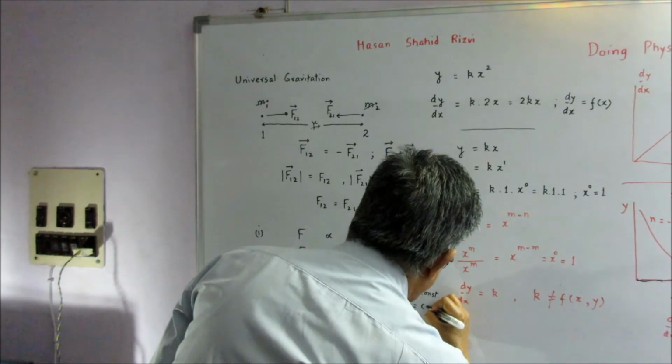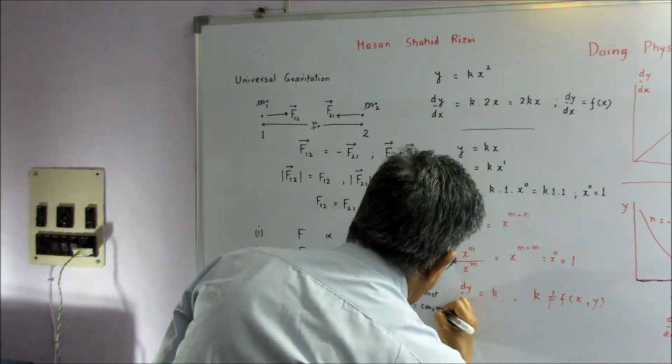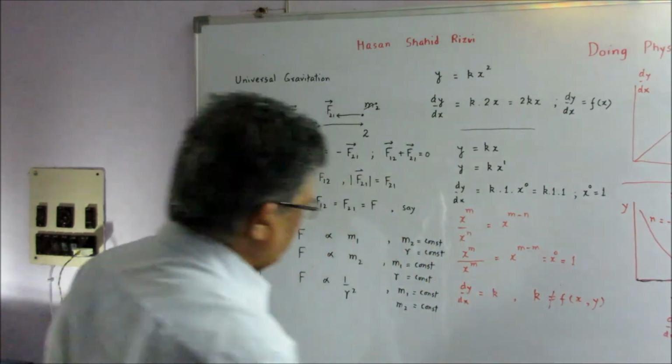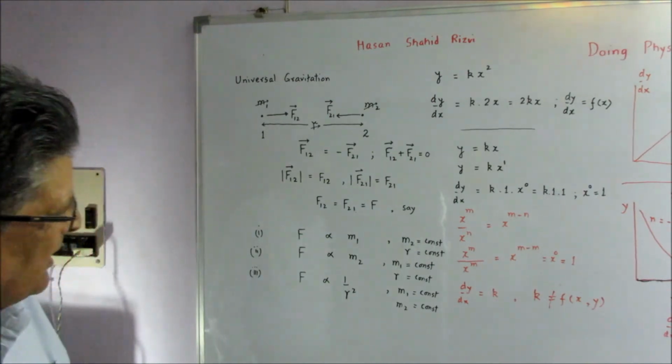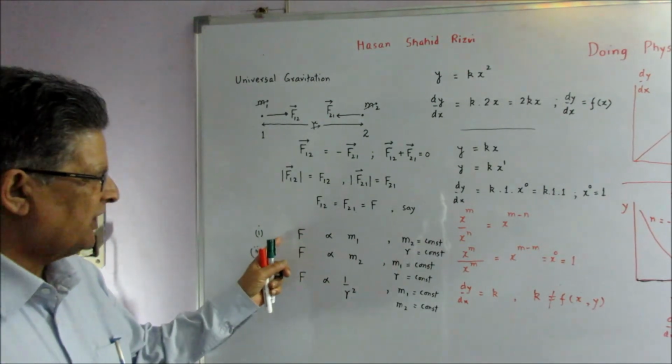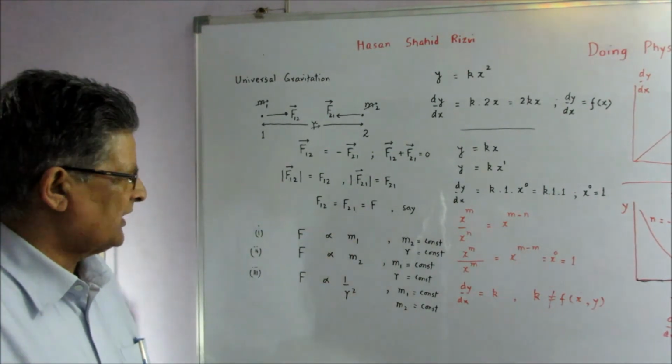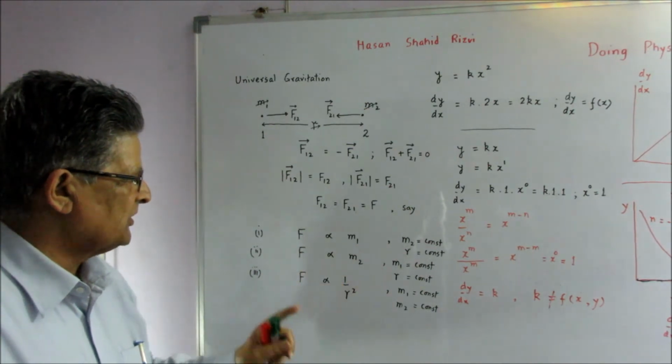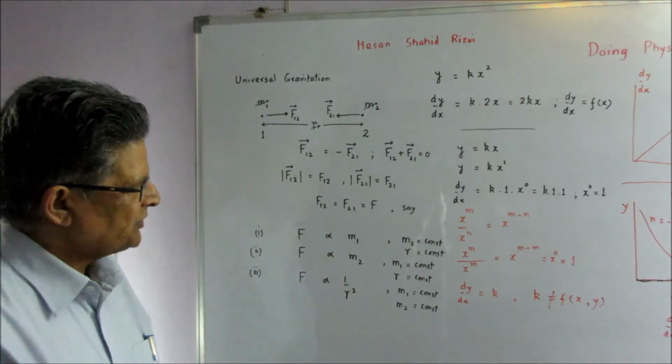So in doing simple physics, we constrain ourselves so that in the first case the variable is M1, in the second case the variable is M2, in the third case the variable is R.